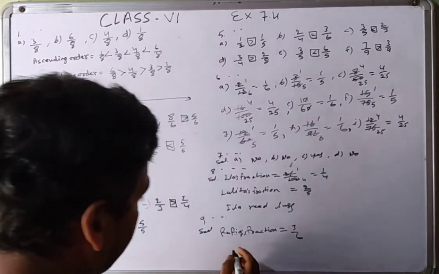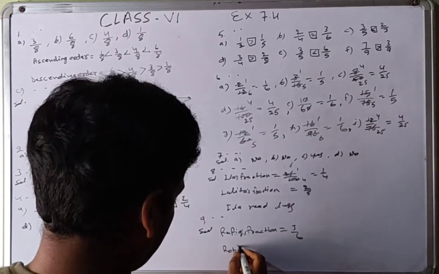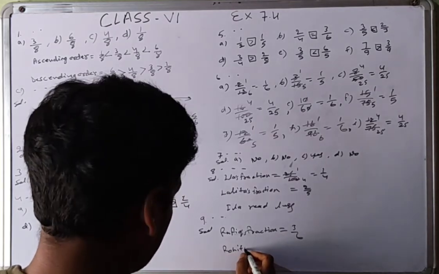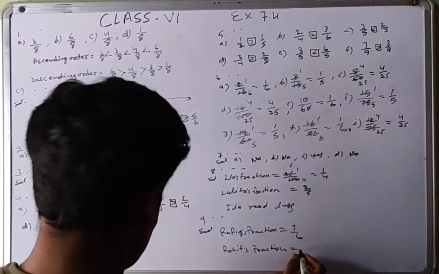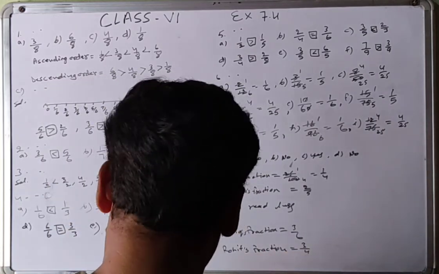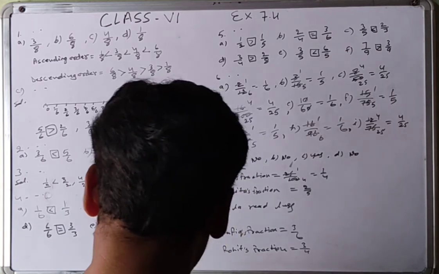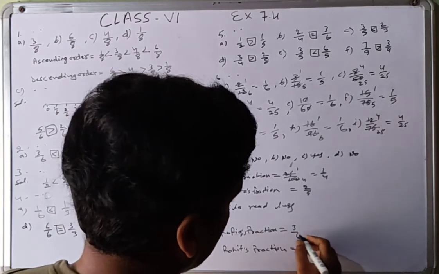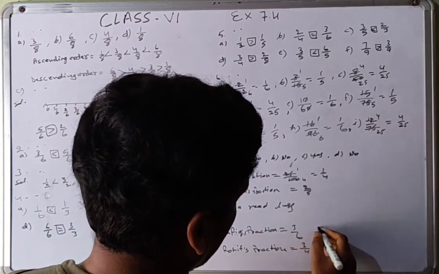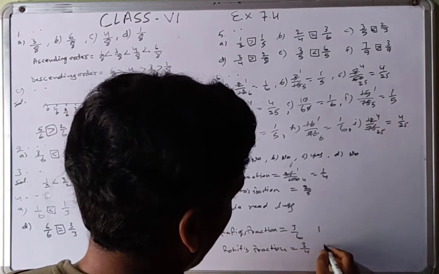Rohit's fraction is equal to 3/4. Who exercised longer? So the subtraction of this is 6 less 3, 3, 4 less 3, 1.